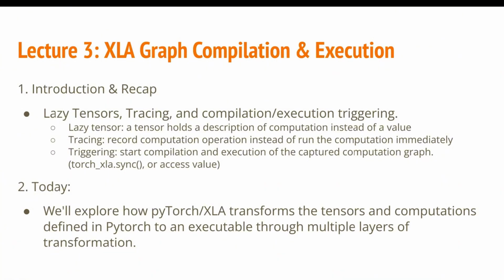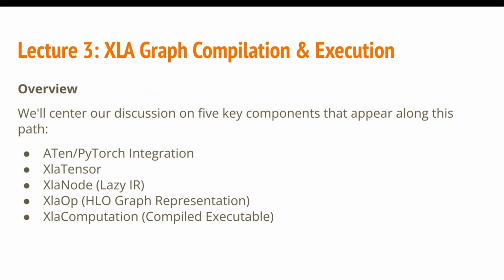In today's lecture, we will explore how PyTorch XLA transforms the tensor and the computation defined in PyTorch through multiple layers of transformations. This is going to be a long lecture, and it touches the core of PyTorch XLA. We will center our discussion on 5 key components that appear along this transformation path: ATen PyTorch integration, XLA tensor, XLA node, XLA operation, and XLA computation.